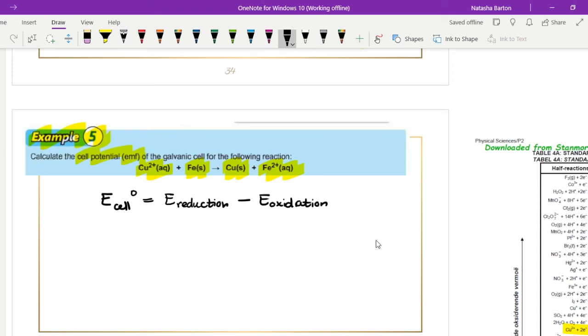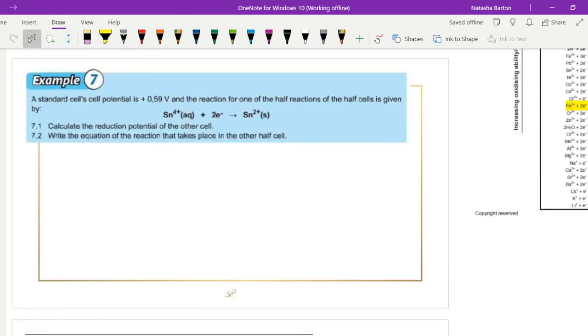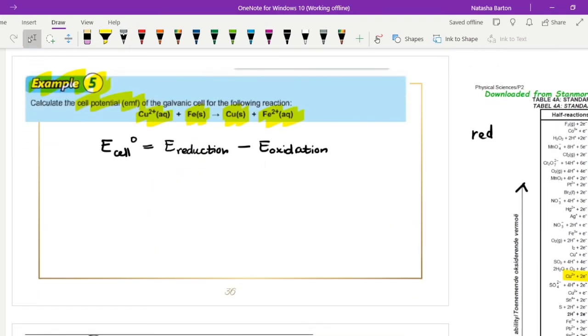Remember, according to this table of standard reduction potentials, the things at the top are the oxidizing agents that are reduced. The things at the bottom are your reducing agents that will be oxidized. So we always take the thing at the top minus the thing at the bottom.